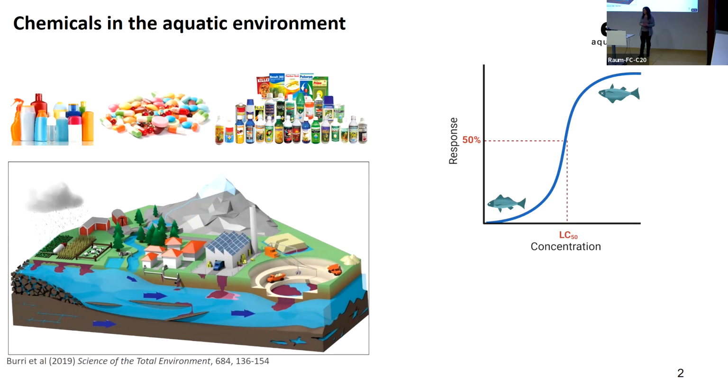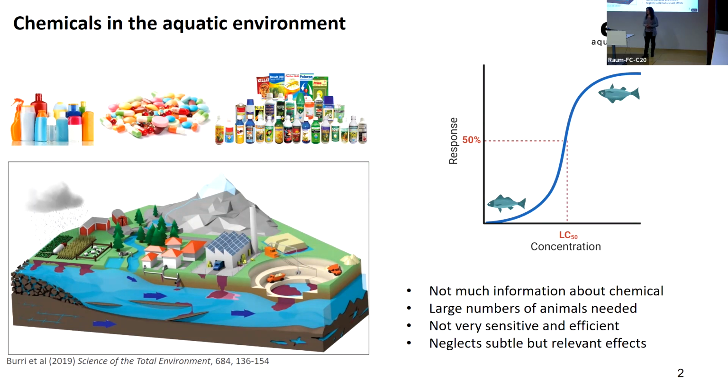From these experiments, we can derive dose-response relationships, and we can also derive a few values, such as the LC50 concentration, which is the concentration at which 50% of the animals are affected. But the problem with these tests is that we do not gain much information about the chemical. And for these tests, large numbers of animals are needed. They are not very sensitive and not very efficient, and they neglect subtle effects, which, however, can be very relevant.